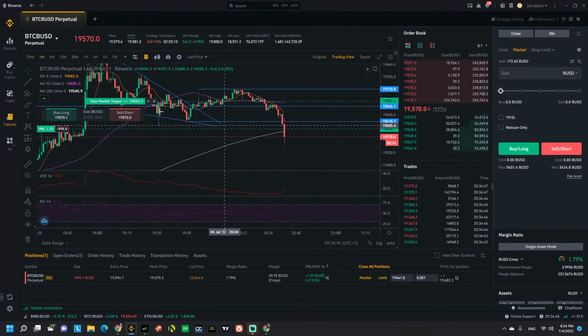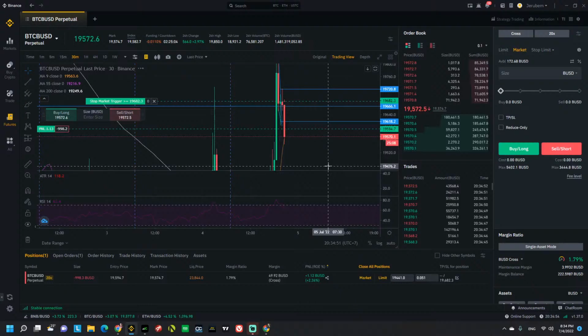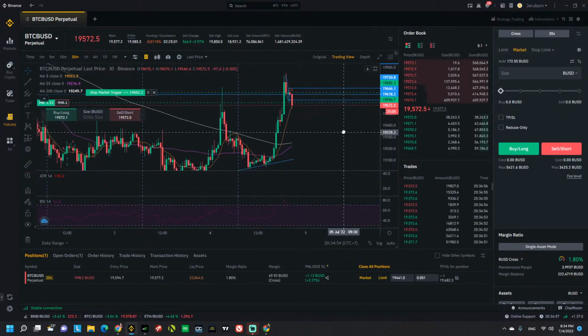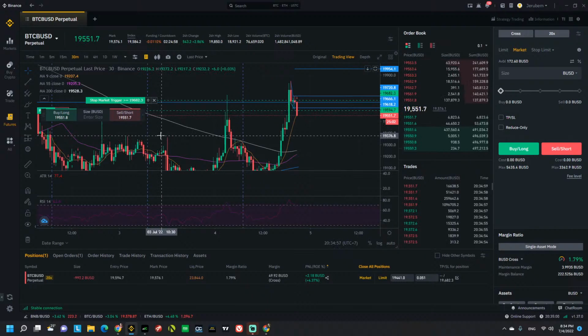So where will be a good target? Let's see in the 30 minutes. Seems like a good target is right over here. 19376.8.